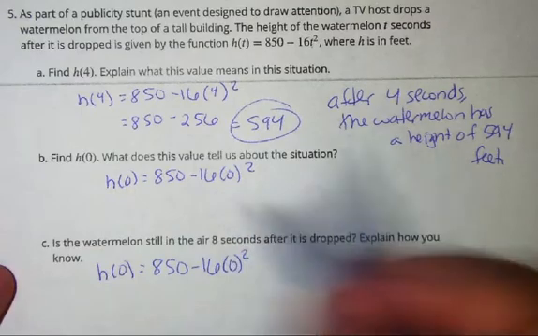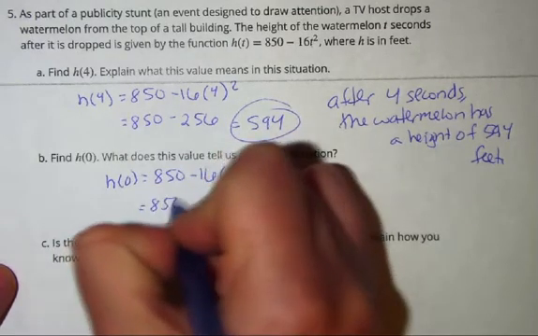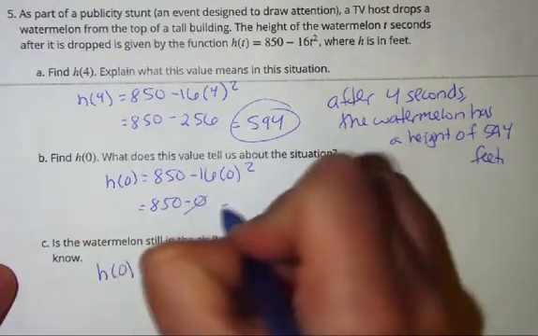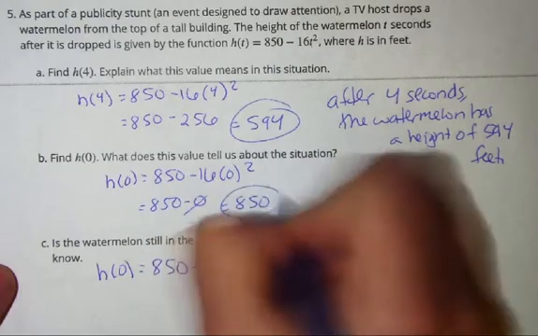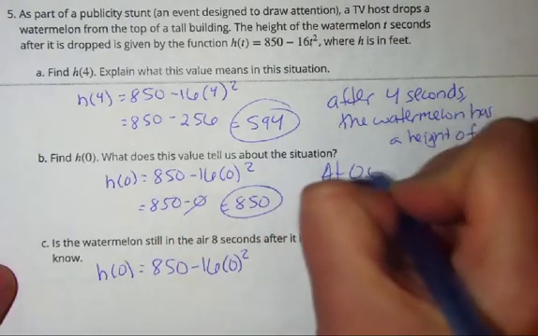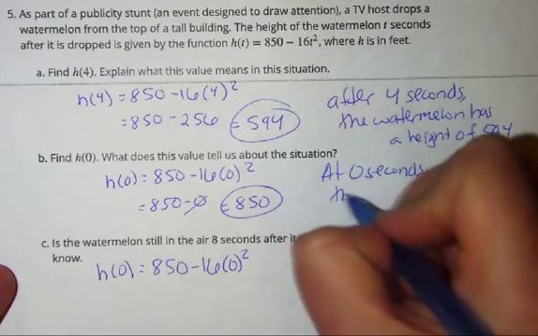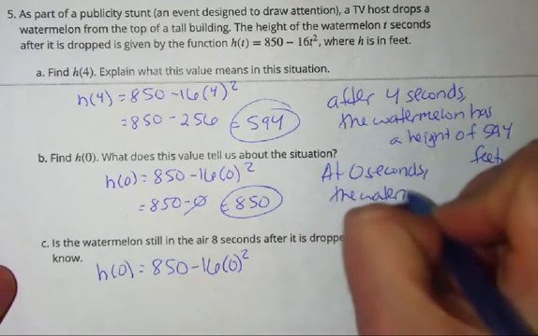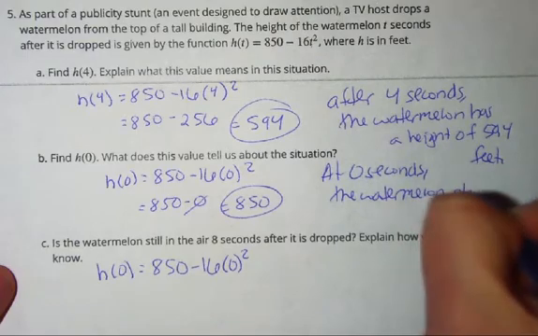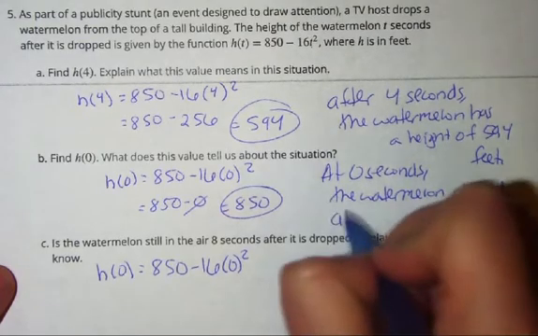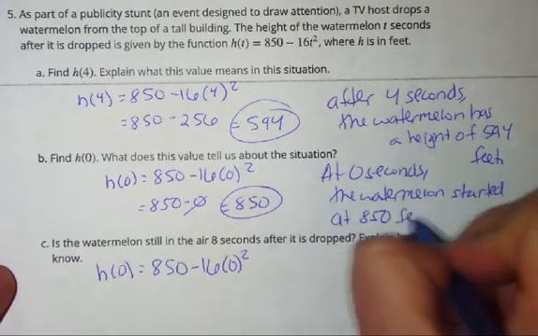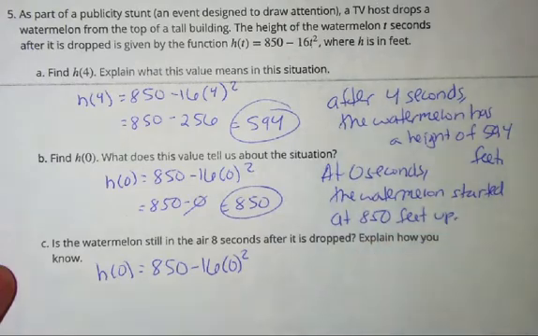So this is really 850 minus 0, or just 850. So at 0 seconds, like the beginning, the watermelon started at 850 feet up. Okay?